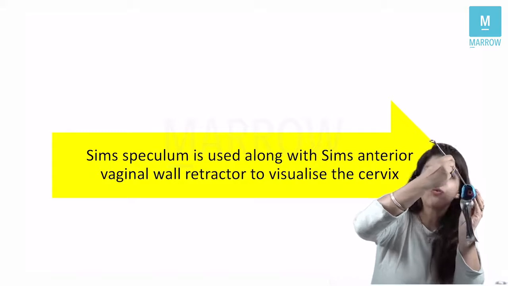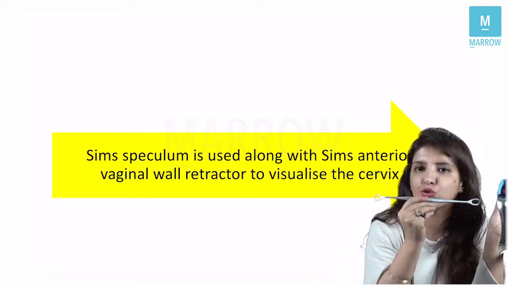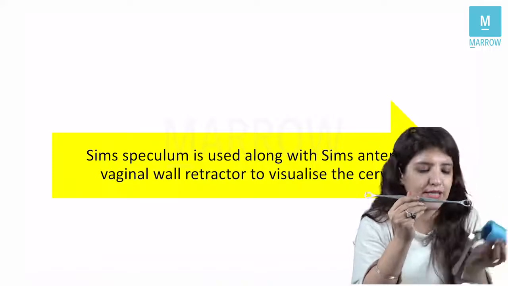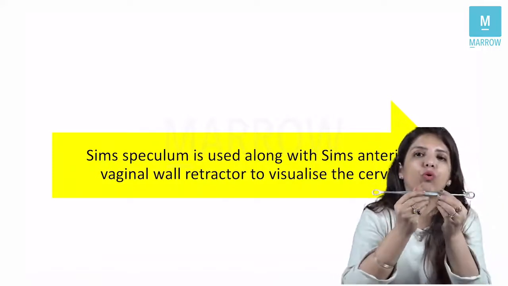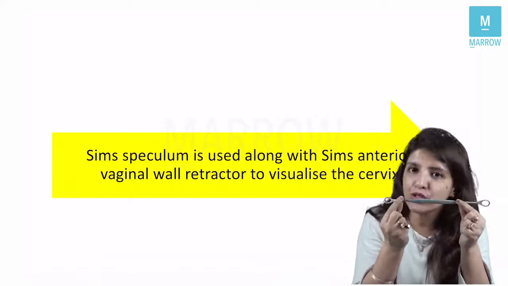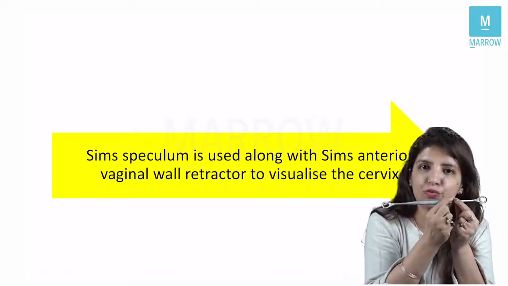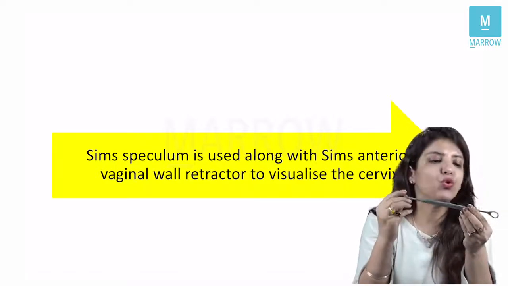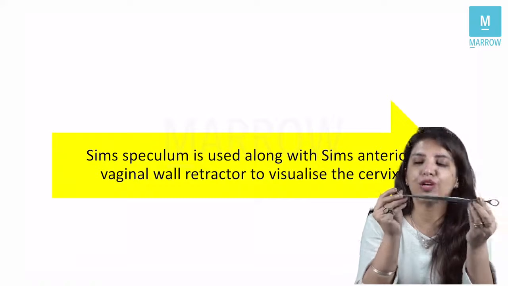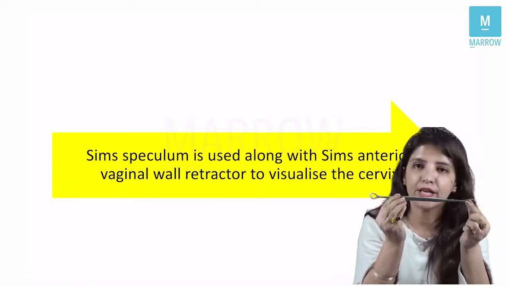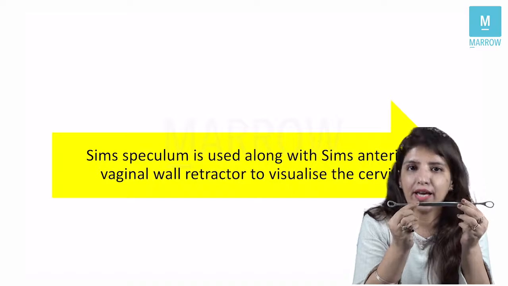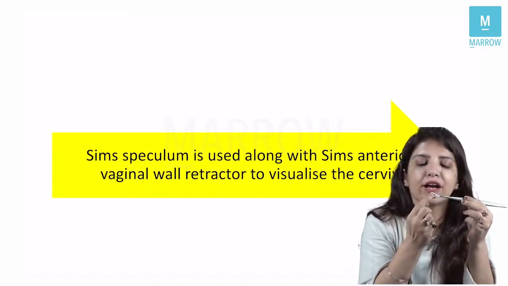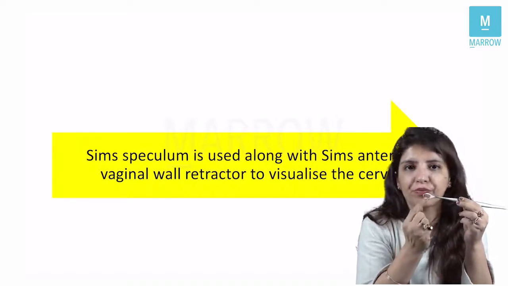The anterior wall is retracted with this instrument. This instrument is the anterior vaginal wall retractor. As you can see, this is a tubular instrument which has got two loop-like ends, two ring-like ends, right? Now, in the ring-like ends, you have to note that there are serrations present, right?